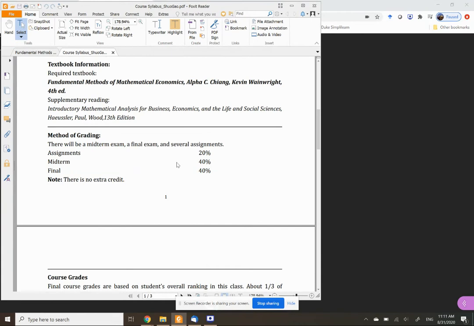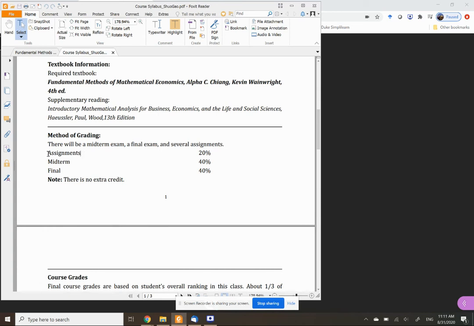For the grading part, we don't have live classes, only recorded lectures, so we don't have attendance. You don't have to force yourself to participate in live classes. For grading, we have 3 parts only. First is assignments. I will make an announcement that there will be an assignment, and I will make the due date very clear, so you know how to upload your assignments and follow the due date.